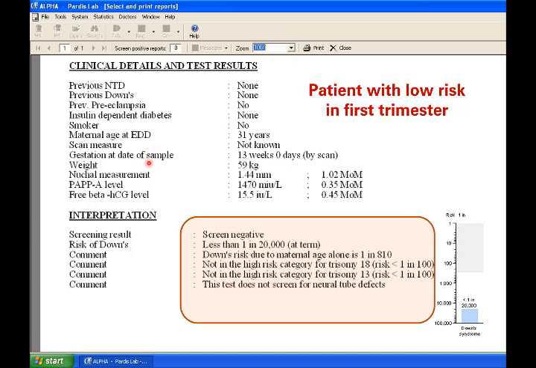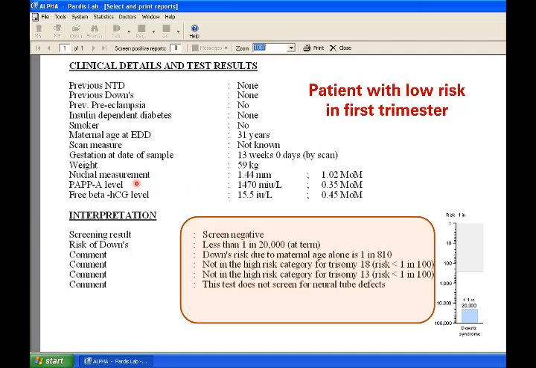Scan measure, gestation at date of sample, when the blood sample is taken: her gestational age for the fetus was 13 weeks. Weight, woman's weight, 59 kilograms. Nuchal measurement is 1.44 millimeters. So the data from the sonography has to be entered.